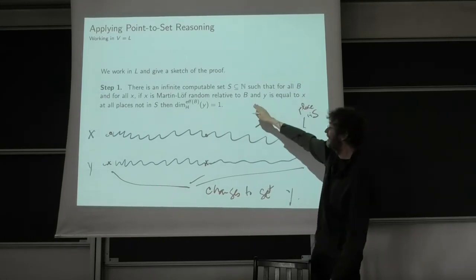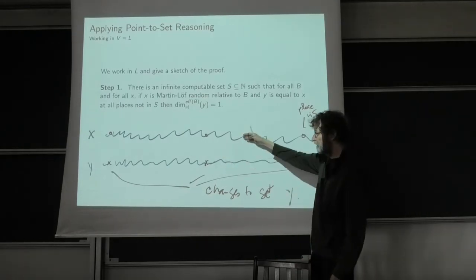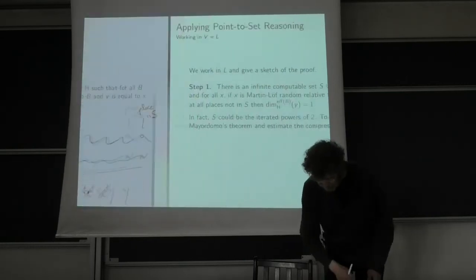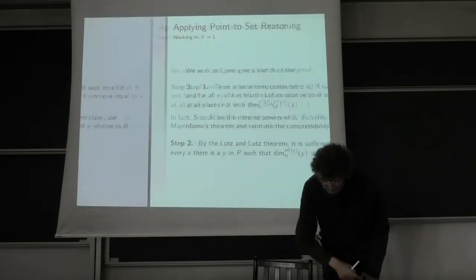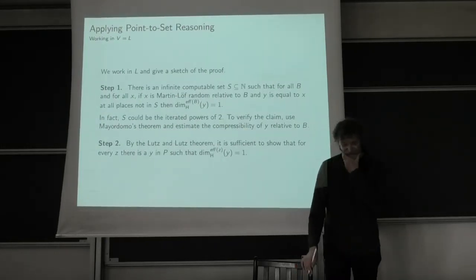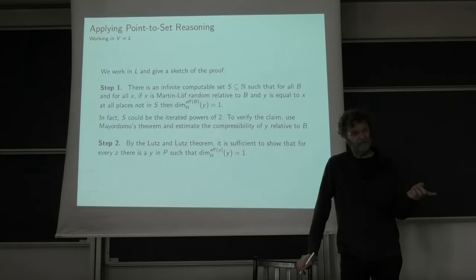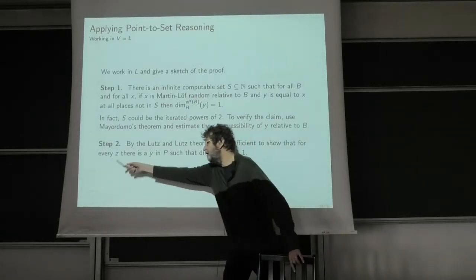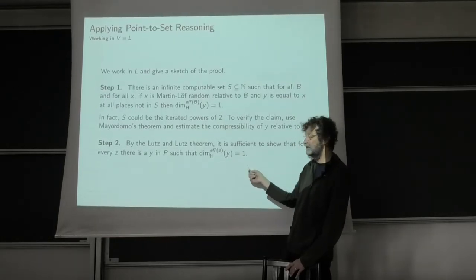There is a recursive set, like the iterated exponential, such that you take a random real, you can do whatever you want on that recursive set, and you get something of effective dimension 1. Good, we've checked it. All right, now step 2. To tell what the dimension of that set P is, it's enough to look at, for every oracle Z, there is a Y in P such that the effective dimension of Y relative to Z is equal to 1.